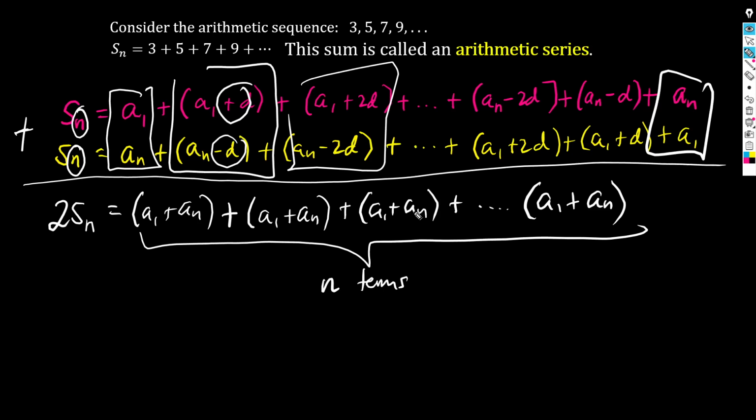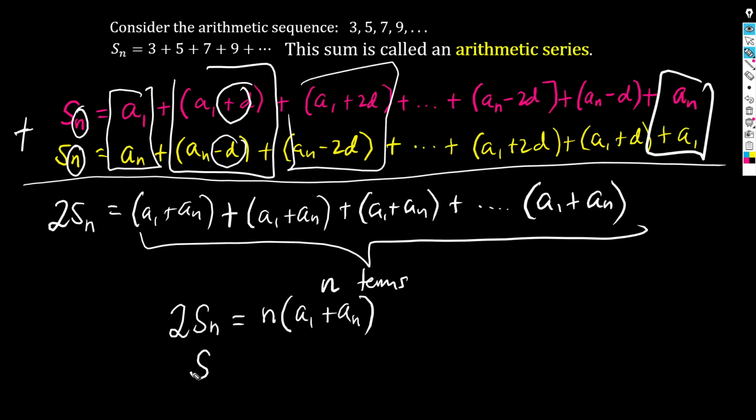N sila lahat-lahat. Ibig sabihin, I can rewrite this equation in white as 2 S sub n equals n times the quantity a sub 1 plus a sub n. O, diba? And remember, we're trying to look for a formula for S sub n. So I can divide both sides by 2.